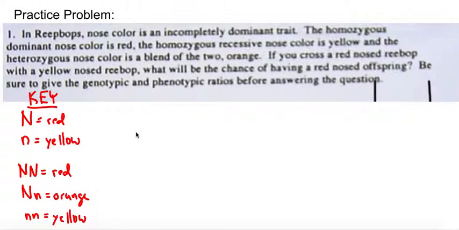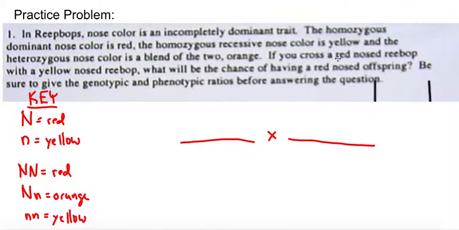When we do these problems, we're still going to do our four steps. We're going to make a key, figure out what the parents are, make a Punnett square, and write down our answer. In this problem, it says if you cross a red-nosed Rebop with a yellow-nosed Rebop, what will be the chances of having a red-nosed offspring? Provide the genotypic and phenotypic ratio.